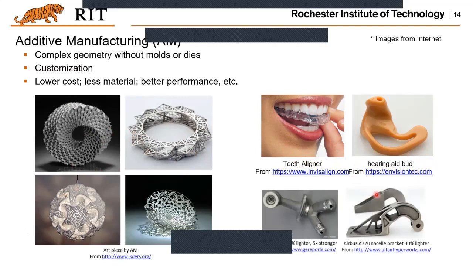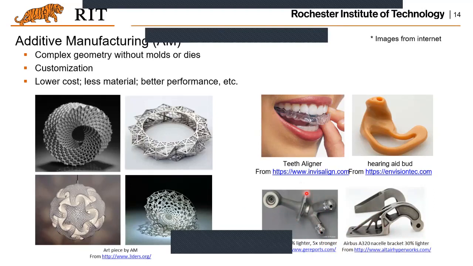In terms of lower cost, less material, and better performance, these two examples show the application for the fuel nozzle and bracket on the aircraft. In terms of cost and material, for example, this fuel nozzle achieves 25% weight reduction, and it is even 5 times stronger than the original design.